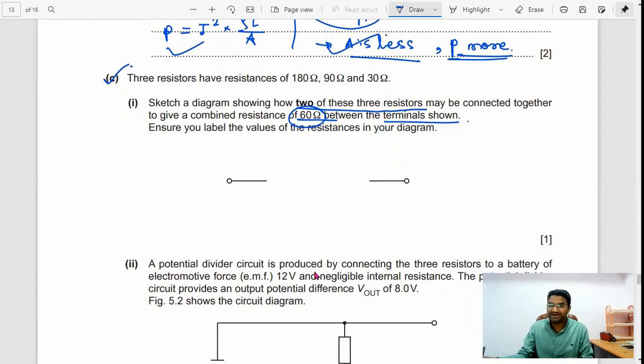If you place them in series, any of them, you will not get the 60. So to get the 60, you need a parallel combination, first thing.